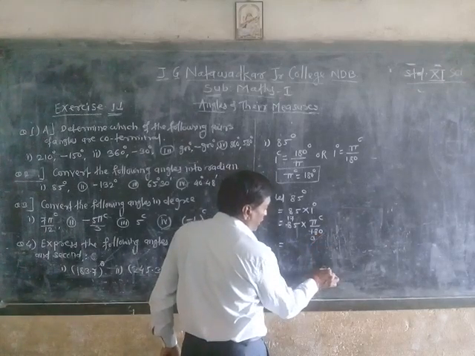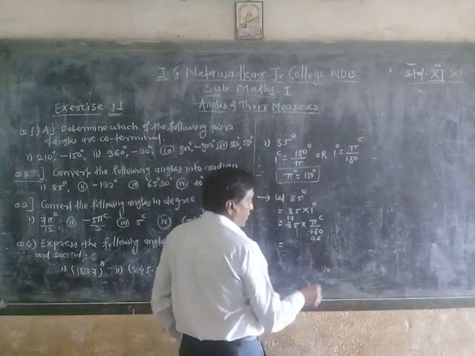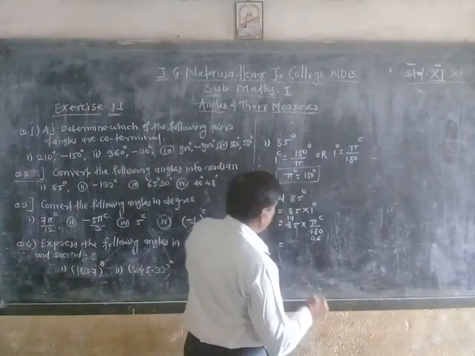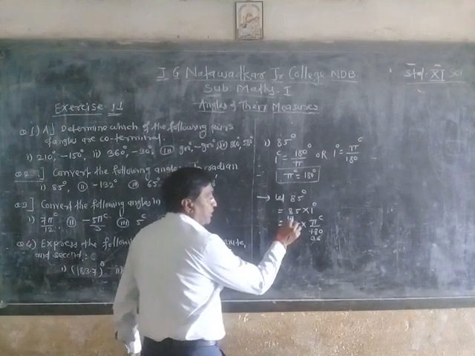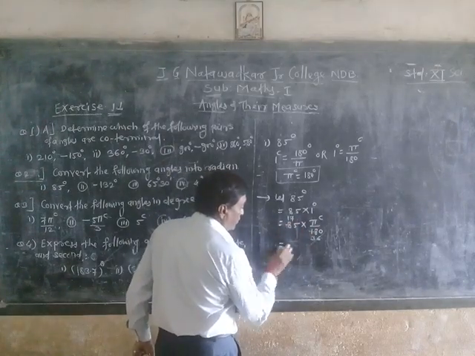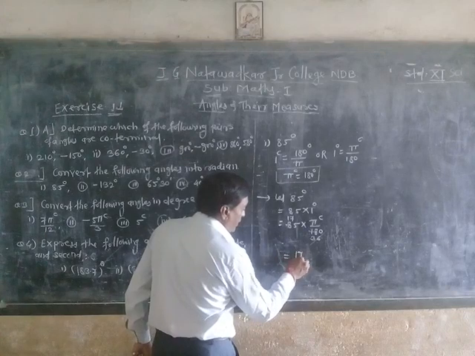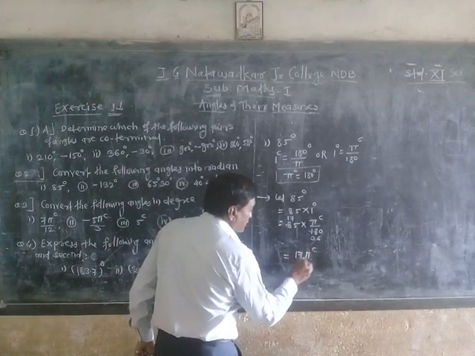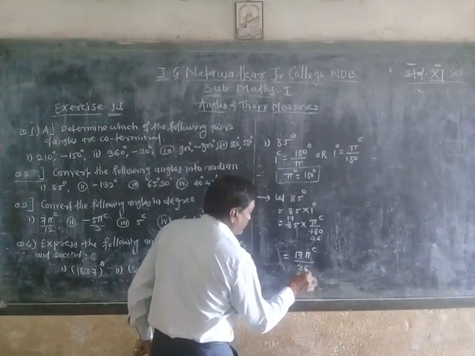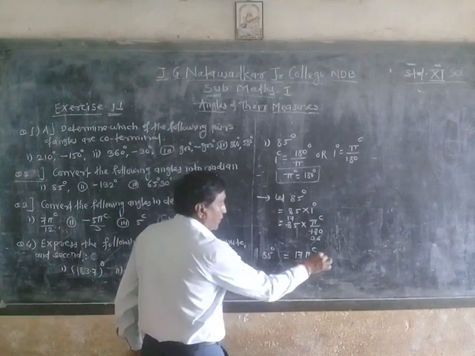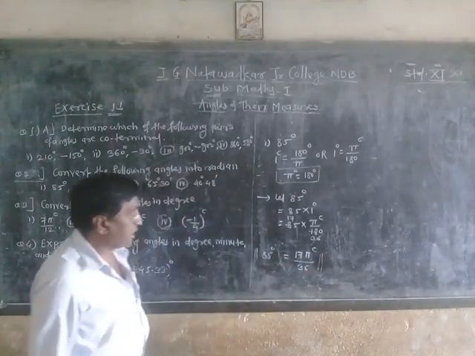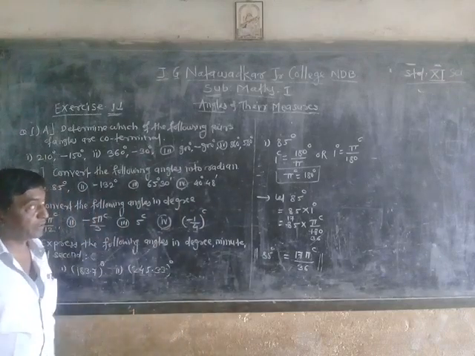Again put 0, you get 30, and 5 6s are 30. Okay, so there is no cancellation between 17 and 36, so I directly multiply numerator to numerator and denominator to denominator. So it equals 17 pi radians upon 36. And so this is the radian measure of the 85 degree.